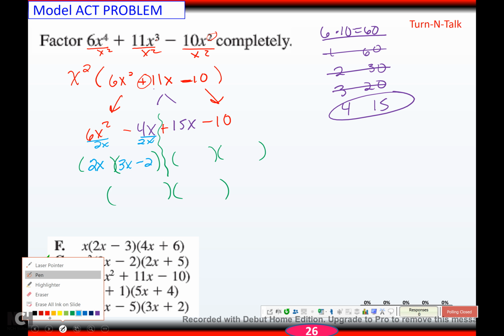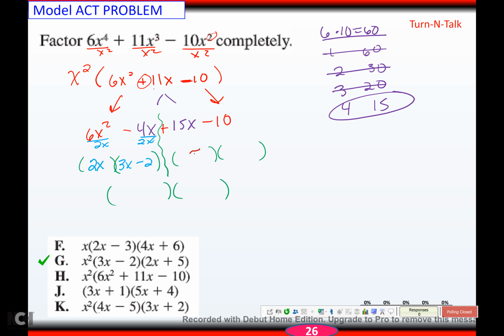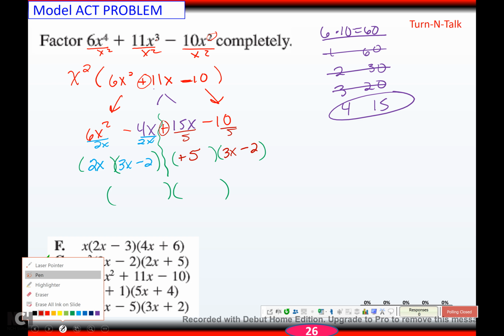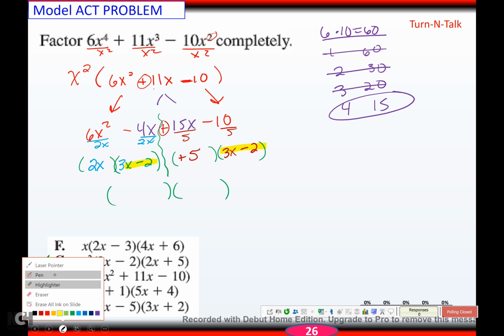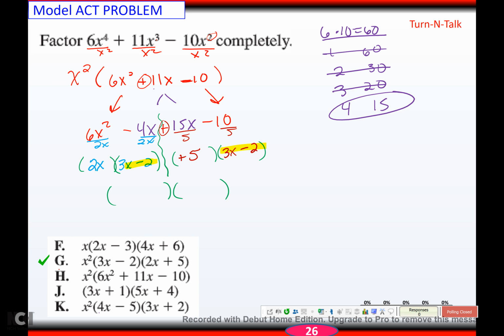On the other side, they have a 5 in common, and you always take this guy's sign. So divide by 5, I get 3x minus 2. At this point, you better have a matching bino or you did something wrong, or it's prime. I have a matching bino. It's 3x minus 2.